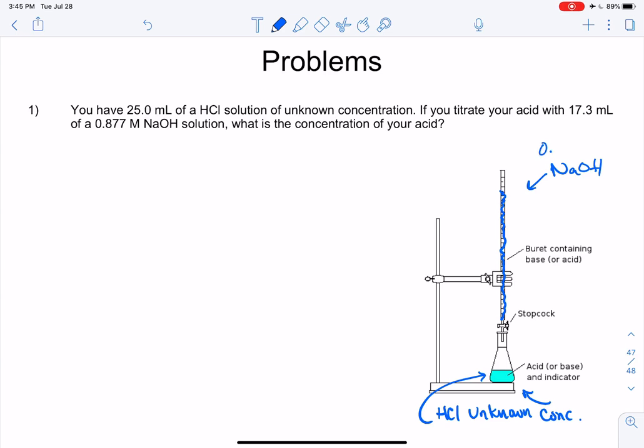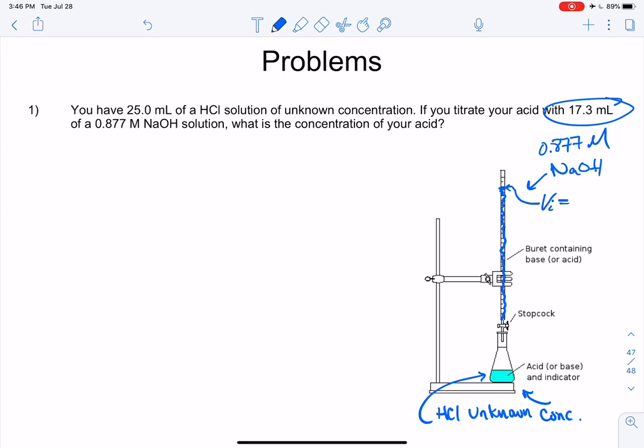So not only do we know that that's sodium hydroxide, but we know that it is 0.877 molar sodium hydroxide. Now, what is this 17.3 milliliter thing? Well, when you're reading the burette, you're going to fill it up with base, and then you're going to read the meniscus at wherever the base starts at. And wherever the base starts at, that is going to be your initial volume.